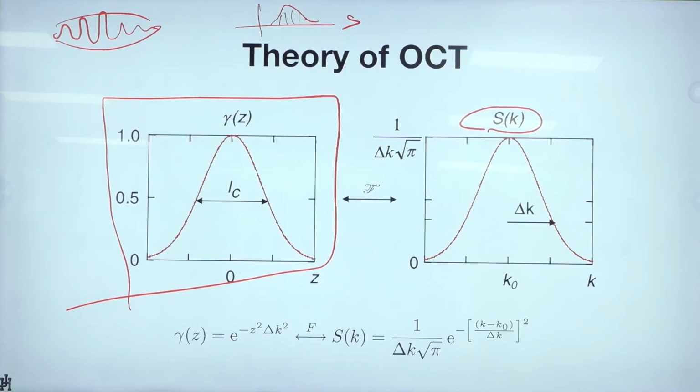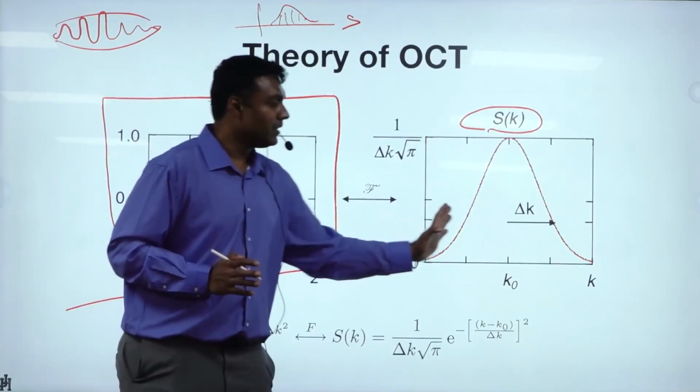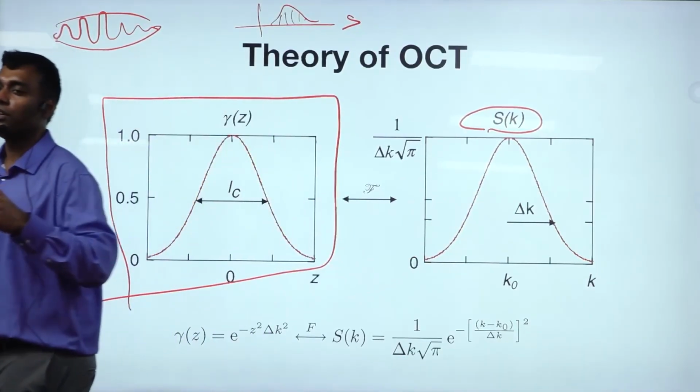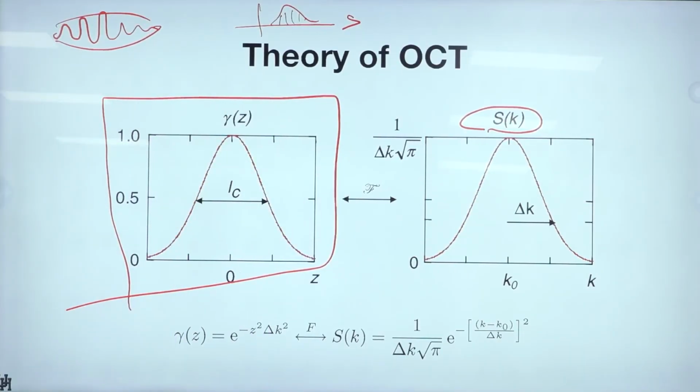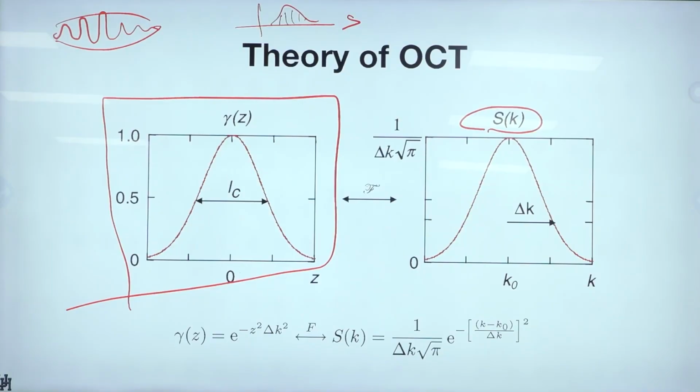Okay, there are different options you can use, but whatever it is, if you want more resolution, use larger bandwidth. The reason is the Wiener-Khinchin-Einstein theorem. It says that the larger the frequency range or wavelength range you use, the better this width will be.